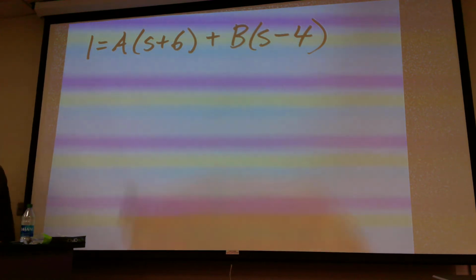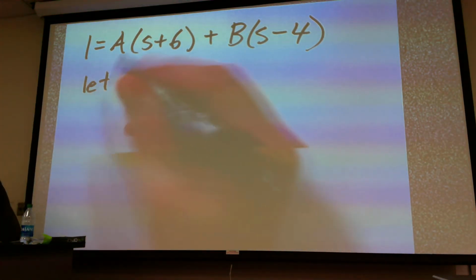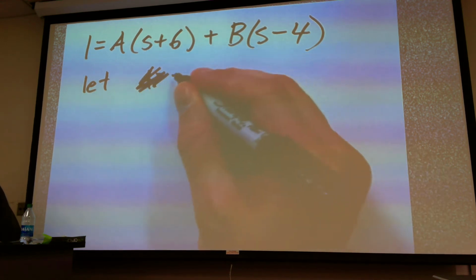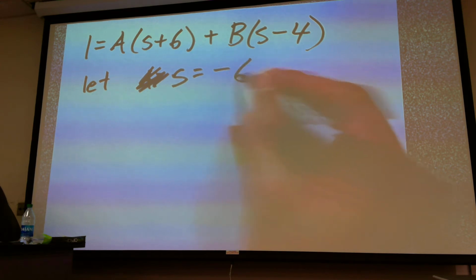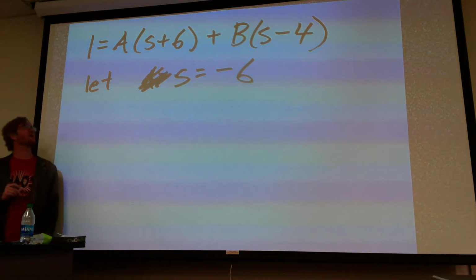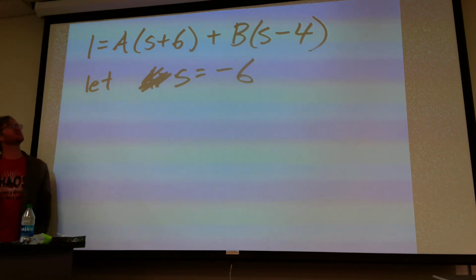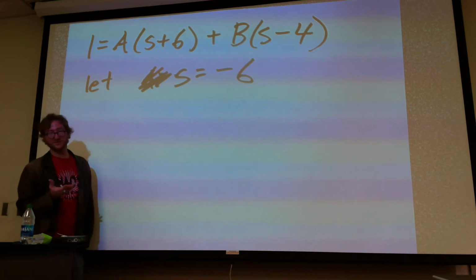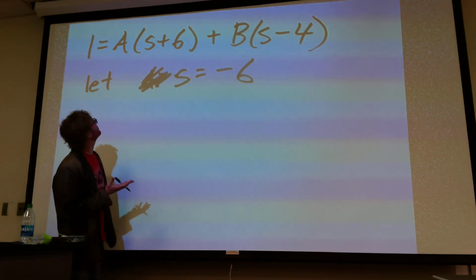All right, so I'm going to let s equal negative 6. Okay? So if I let s equal negative 6, it's going to kill A. And then B is going to have a negative 6 minus 4, which is negative 10. And so what does that tell me?